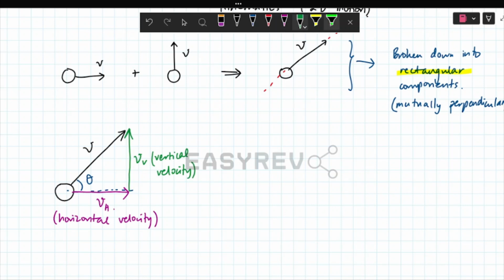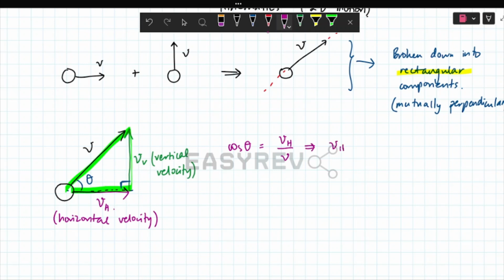Now, if we recognize this triangle that we've made very carefully, and knowing that vh and vv both are perpendicular to each other, we recognize that what we've constructed is nothing but a right angle triangle, in which case I can use any one of my trigonometric ratios to figure out what vh and vv are. Now for vh, I can use the cos theta expression, which would be adjacent over hypotenuse, vh over v.